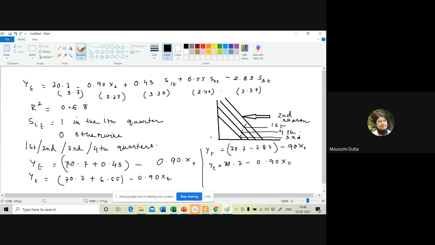However, there will be fluctuations in the second and third. Or if I find all three seasons are giving me statistically significant t, in that case we have to understand with respect to the first season, there will be sufficient variation in the rest of the quarters or rest of the seasons, okay? Everything will be comparable with respect to the reference categories. So the fluctuation I can measure with respect to the reference category.